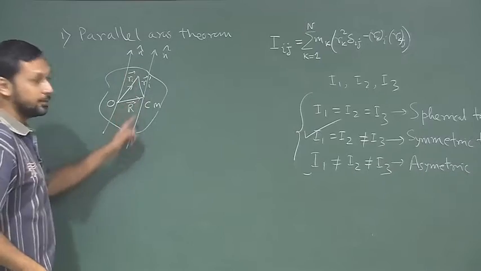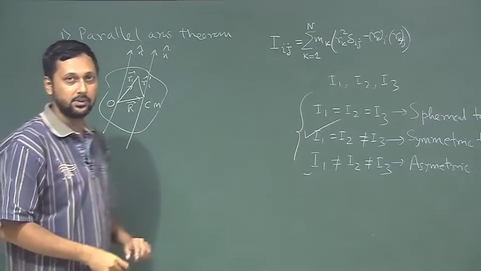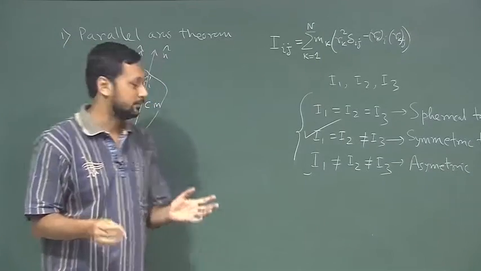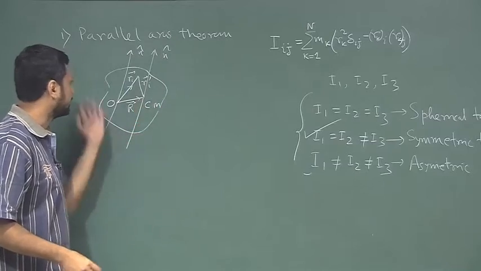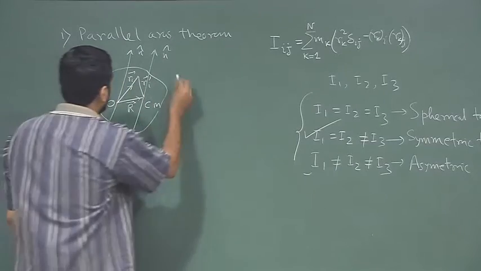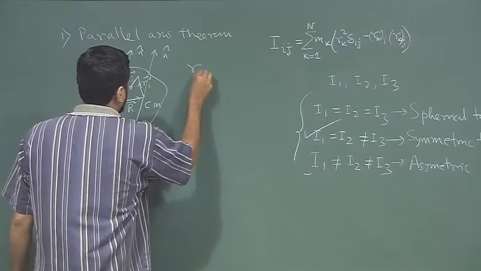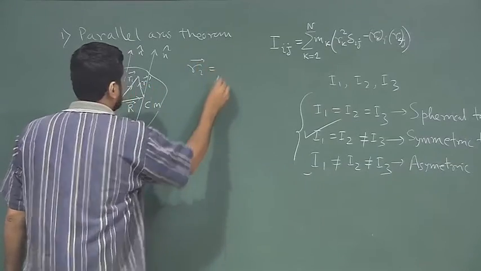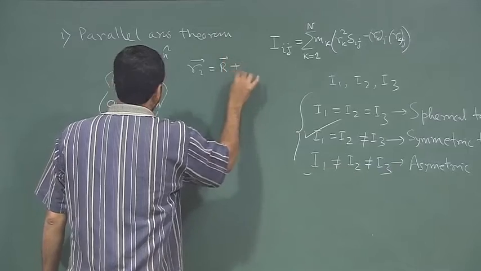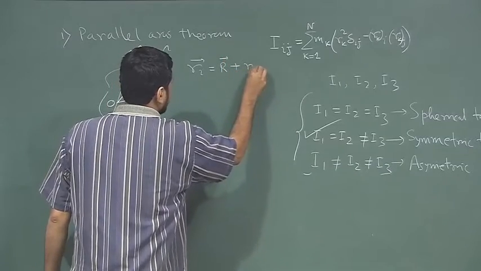This construction looks familiar, right. We did that when we generally discussed the motion of a system of particles. So, r_i is equal to r plus r_i prime.